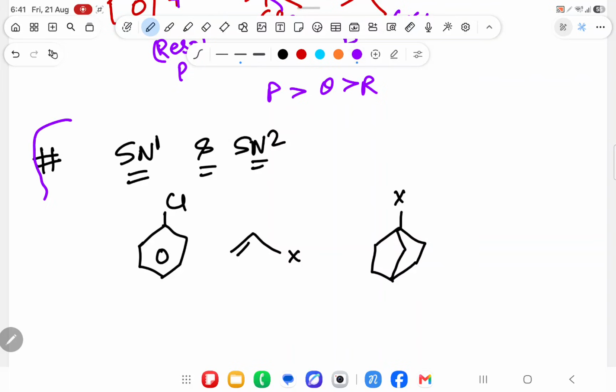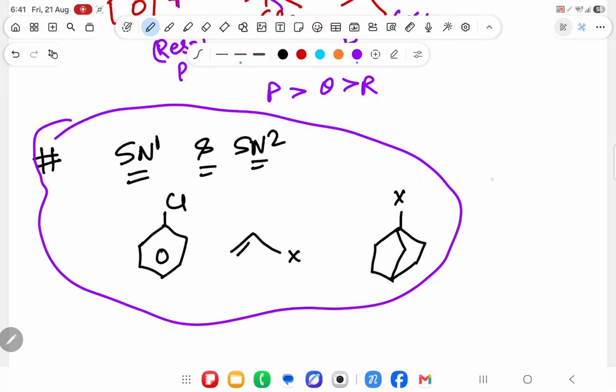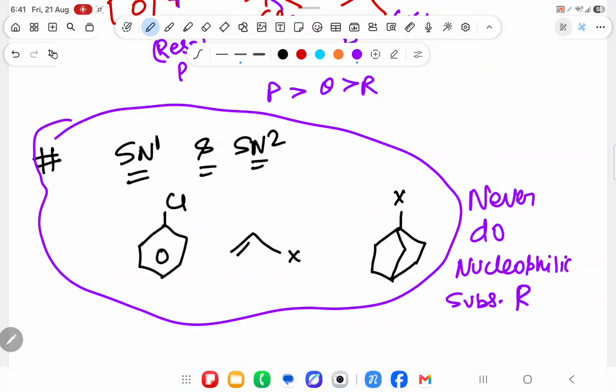What will you say? That these types of compounds never ever do nucleophilic substitution reaction. Neither SN1 nor SN2.